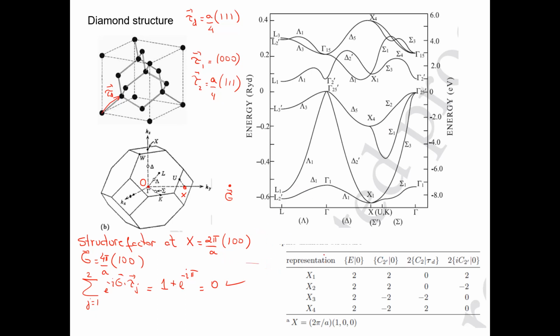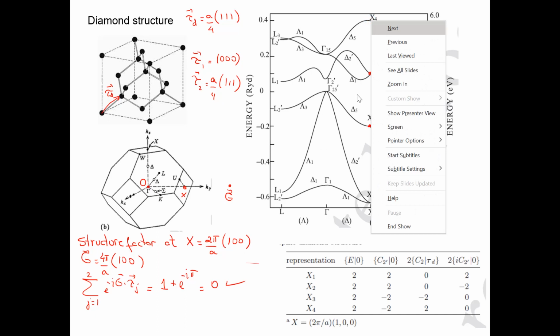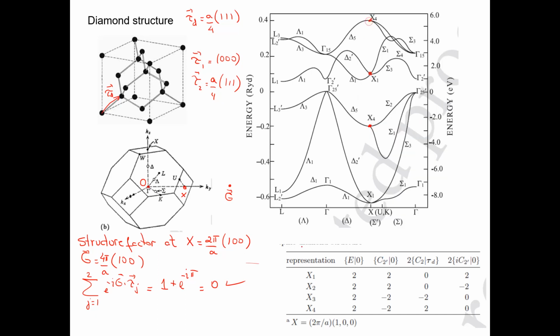This is the character table for the X point of the group of the wave vector, and you see again the X1, X2, X3, X4 irreducible representations. All of them are two-dimensional, meaning that all states here at the X point are doubly degenerate for the diamond structure.